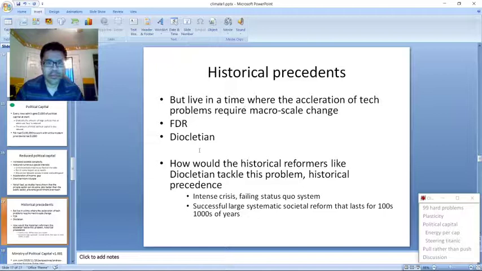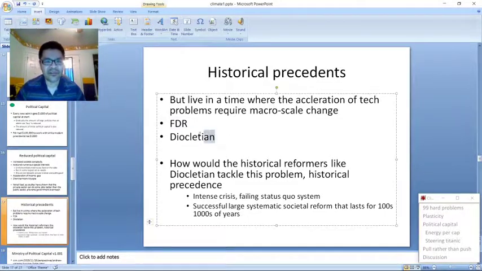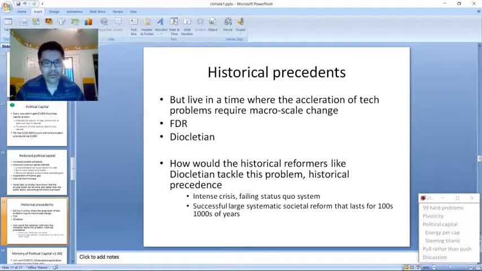So some of the frameworks are FDR and Diocletian. How would FDR and Diocletian tackle the climate change problem?